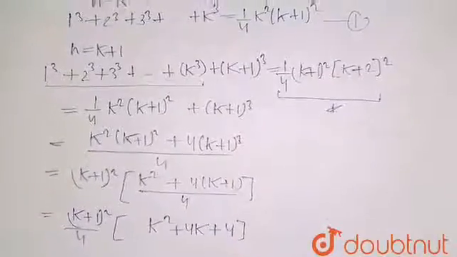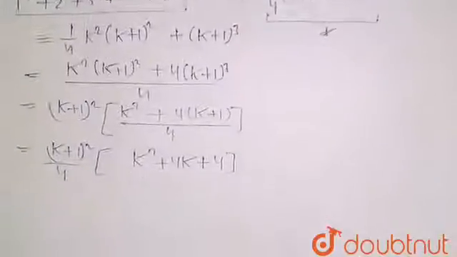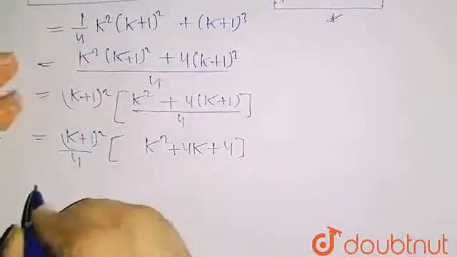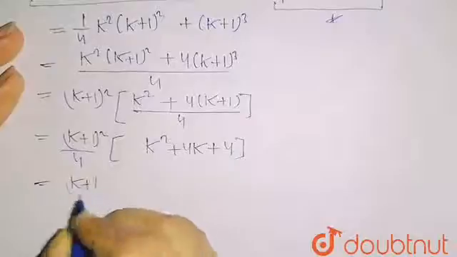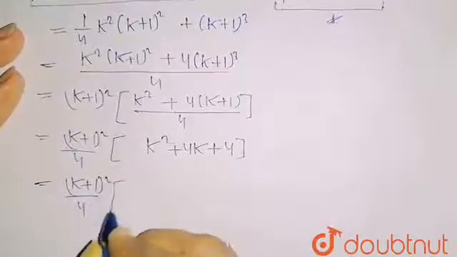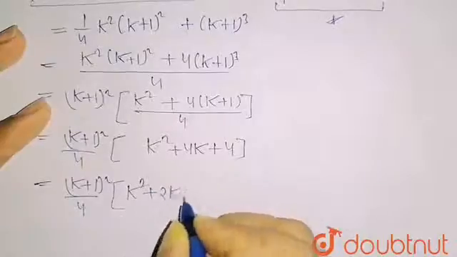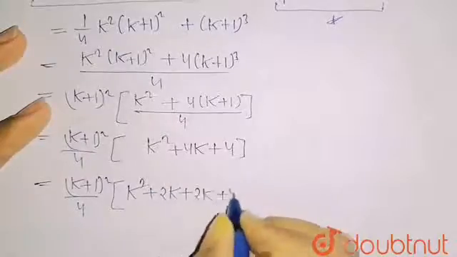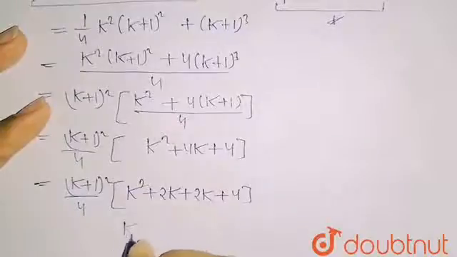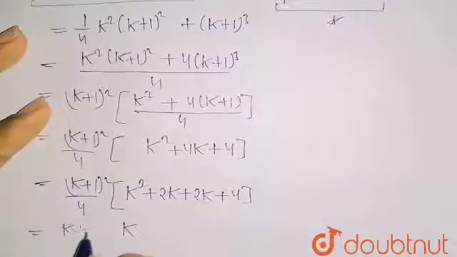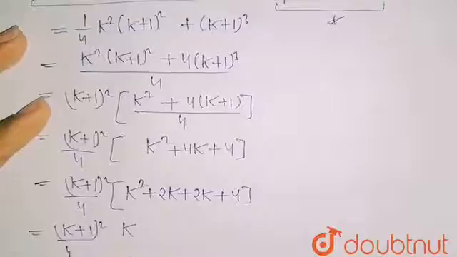We have to factorize this term so that we can get the solution. When you factorize this term: k square plus 2k plus 2k plus 4, all times (k plus 1) whole square upon 4.